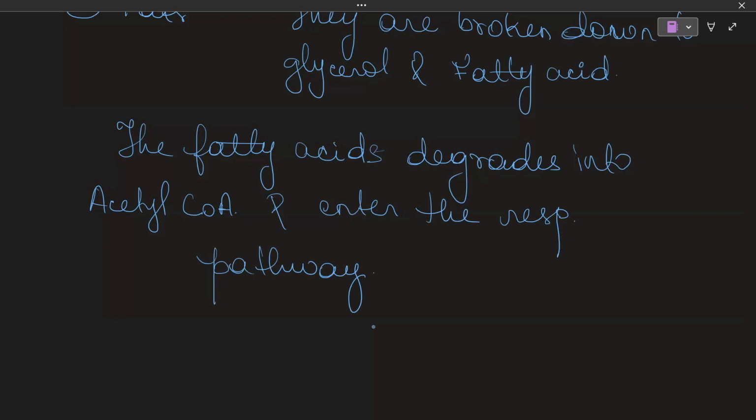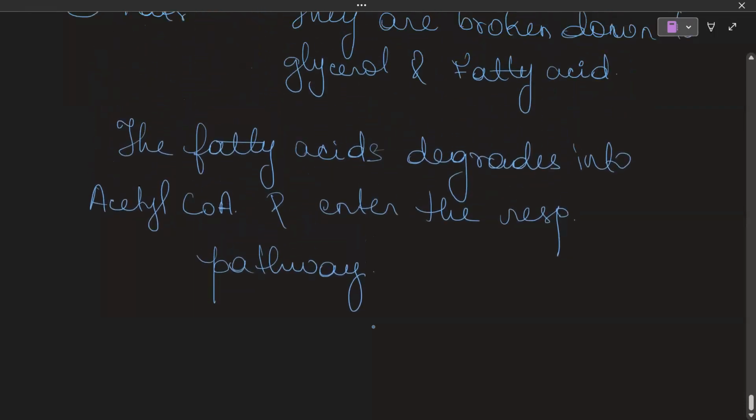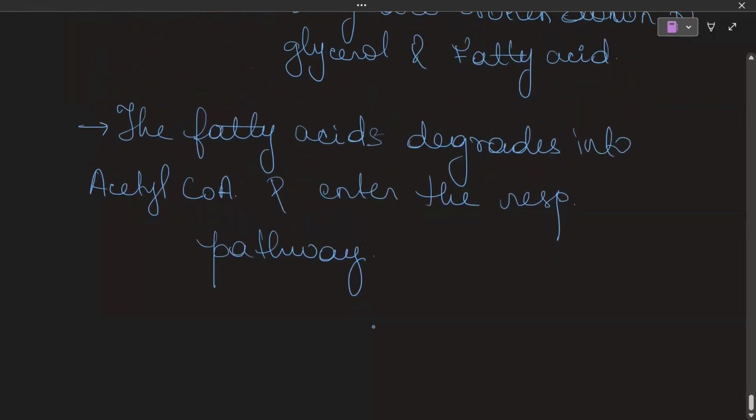Got it? Now, talking about the glycerol. First we saw how fatty acid enters. Now let us talk about the glycerol. The glycerol is converted into PGAL, phosphoglycerol aldehyde.